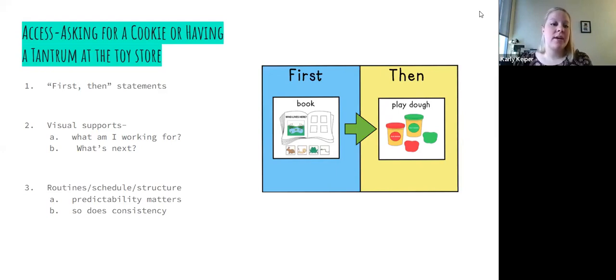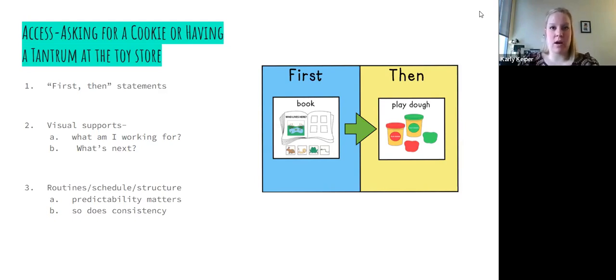Consistency is also huge with this one. So this is where structure and routines help us as adults and as parents because we don't have to think about it as much either, right? If we know, again, that my kid loves Play-Doh and Play-Doh's at 2 o'clock, then we don't have to plan and be intentional. And then it also helps us to be consistent because if we make promises to our children that we don't keep, then it can tell them that I have to use this maladaptive behavior to get what I want because mom said that I could watch a movie and then we got home and I couldn't watch a movie anymore.